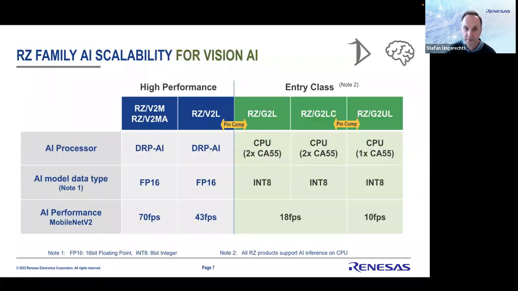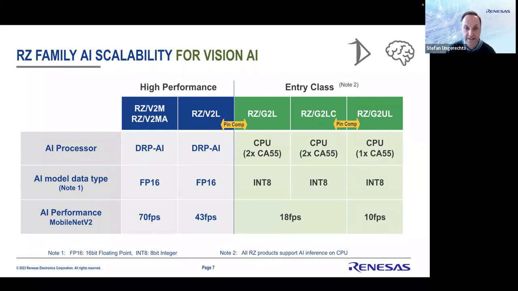This is a kind of benchmark. You see, we have a scalable solution. When we start from G2UL, here we have a single core Cortex A55 with this NEON unit, and the processing running on the NEON unit, for example, MobileNet V2, achieves 10 frames per second. For G2LC or G2L, we achieve 18 frames per second.